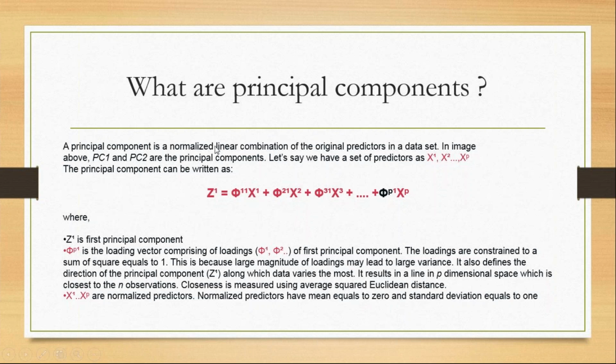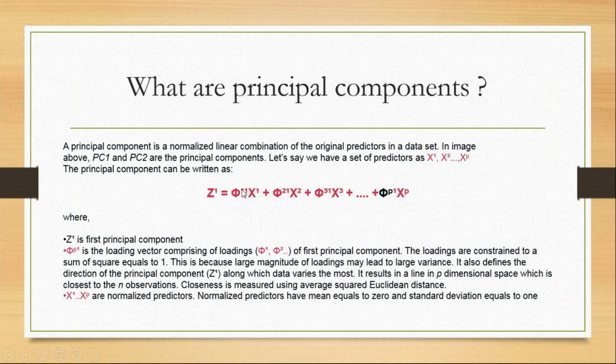So here I have a generalized kind of formula for all of them. As I explained for the vector in the very beginning, this is somewhat like that. Here I have my p variables. This is my variable 1, this is my variable 2, 3, and so on till p variables. And here I have an eigenvector multiplied to it.